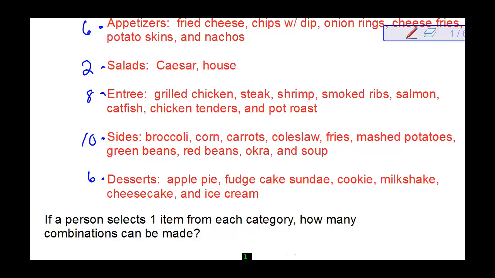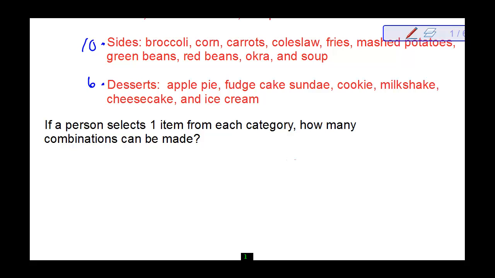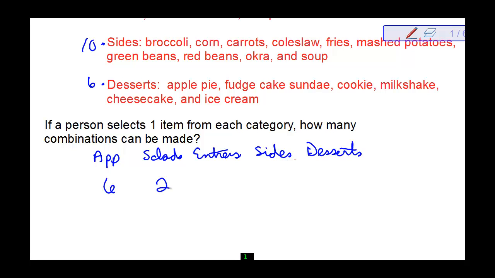And so what we're going to do is we're going to say there are 6 appetizers, 2 salads, 8 entrees, 10 sides, and 6 desserts. We're going to take those and we're going to multiply them. So if I look at my appetizers, my salads, my entrees, my sides, and my desserts, I've got 6 appetizers, 2 salads, 8 entrees, 10 sides, and 6 desserts.